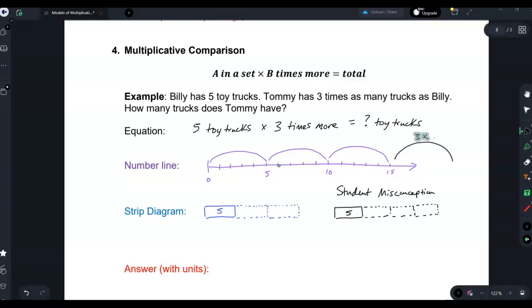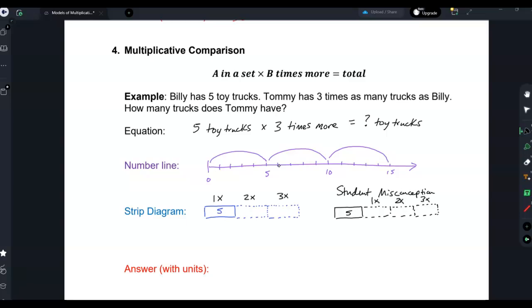Because we have to count the original one. The correct way to think of that is this is 1 times as many, this is 2 times, this is 3 times. Or on our strip diagram, the first one is 1 times as many. So it's not saying you're starting with 5 and then doing 1 times, 2 times, 3 times. It's saying the first 5 is 1 times as many, then 2 times, then 3 times.